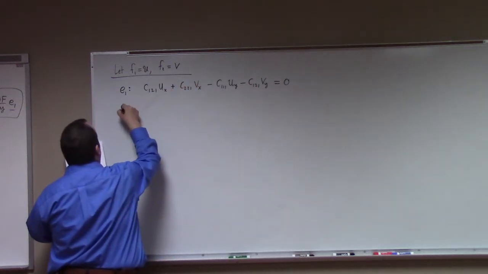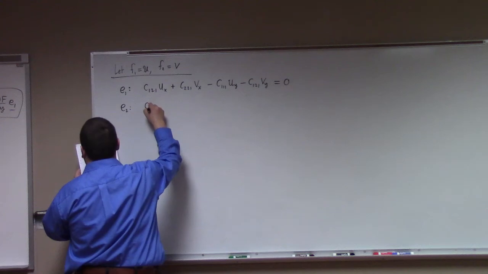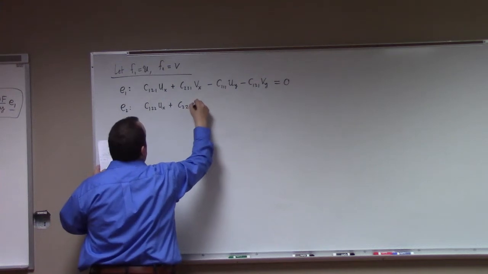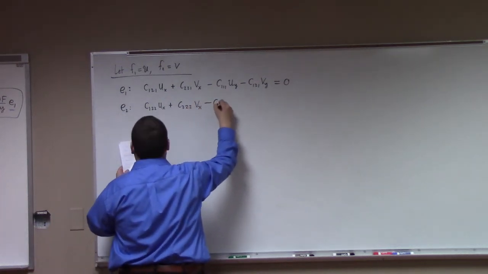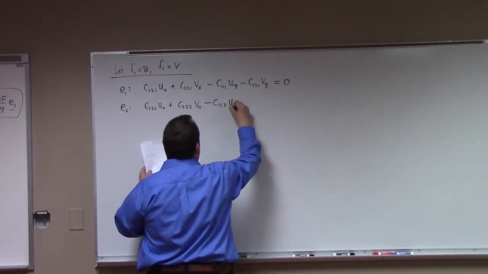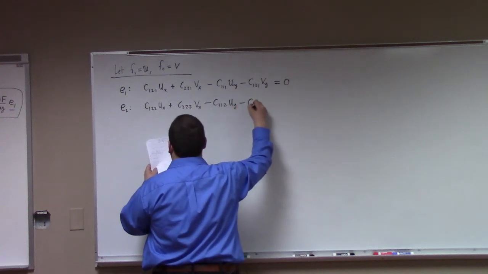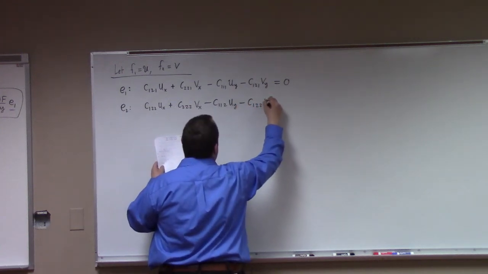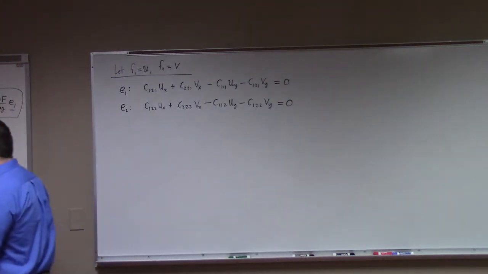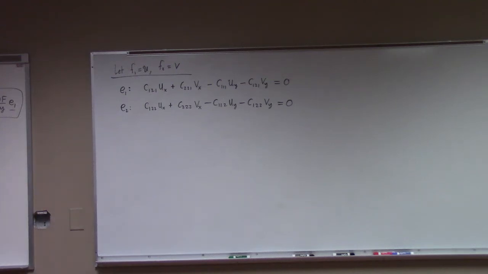And from E2, we find that C122 ux plus C222 vx minus C112 uy minus C122 vy equals 0. Again, I have no objection. Do my details look right to you guys?